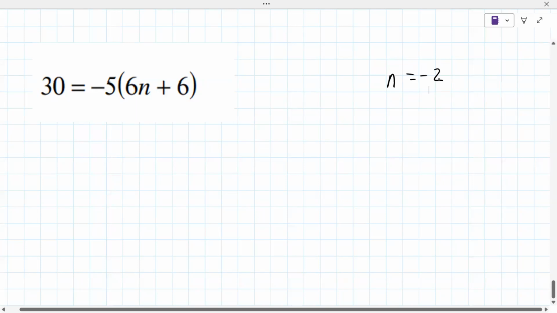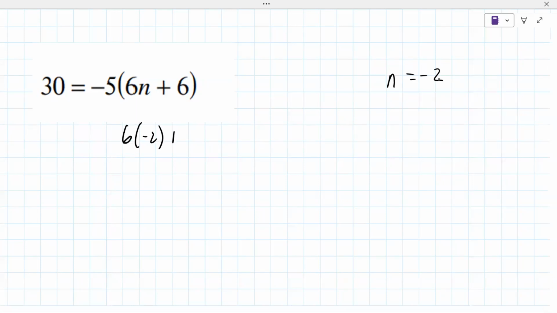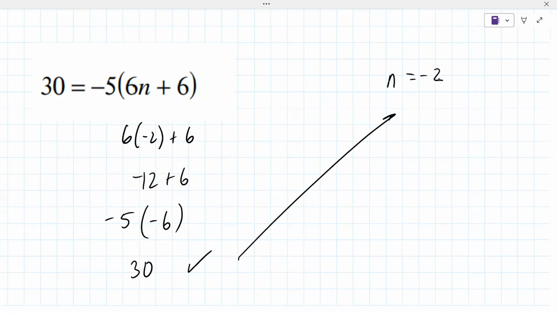Yeah. Okay, so when I check it, 6 times -2 plus 6, that becomes -12 plus 6. -6 times -5 is 30. It's good. So the check is just as important as doing. Some instructors really, really emphasize the check. That's kind of up to you if you want to do that.